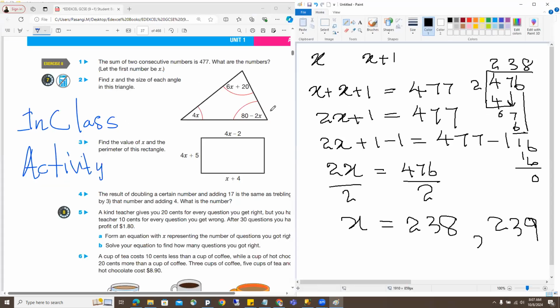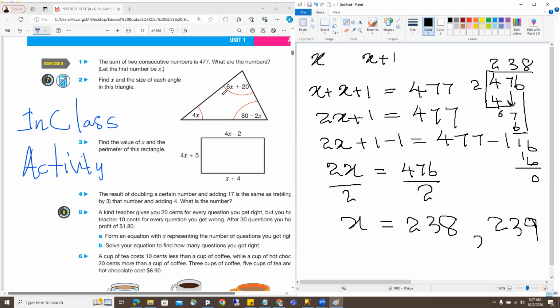So the triangle belongs to the second question. Have you completed the first one? The first one is the sum of two consecutive numbers, 477.